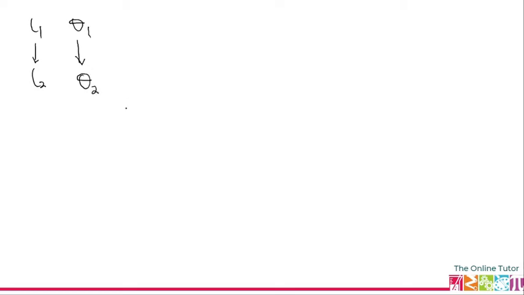Now, this expansion in the length of the metal from L1 to L2, the increase in length over a degree Kelvin rise, is termed the coefficient of linear expansivity. So what is the coefficient of linear expansivity?